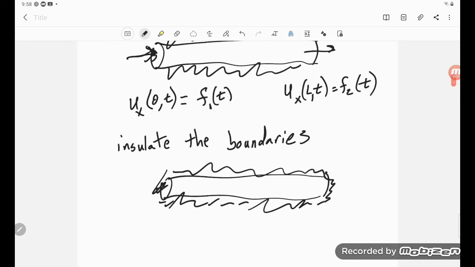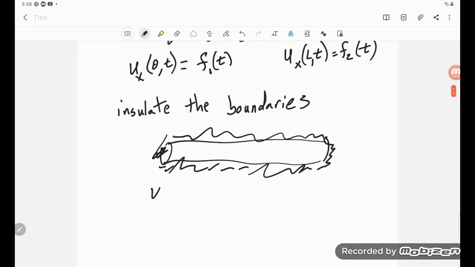Okay, now in this case, this would be u sub x at 0, t is always 0, and u sub x at L, t is always 0. Now, so how does that behave then?